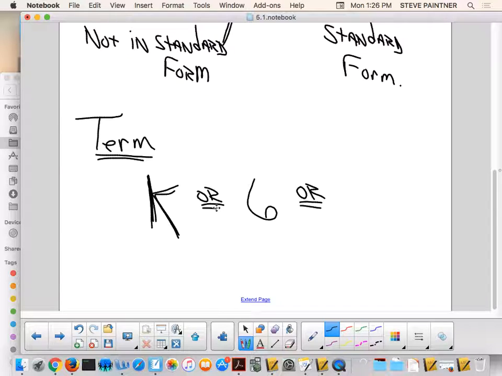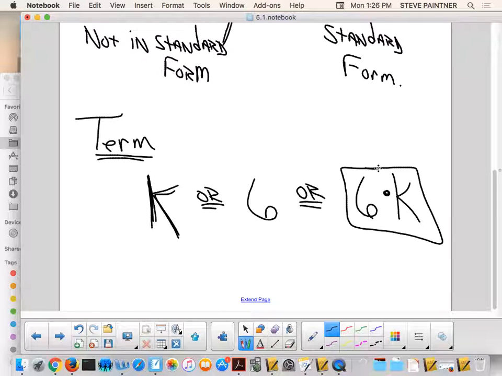Like addition? No. Almost. Multiplication. Yes. So a term is a variable, or it's a number, or multiplication. How about 6K? So 6K is a term. 6 is a term. K is a term. But to be honest, what is a term? It's just multiplication. If you see multiplication, it's a term.